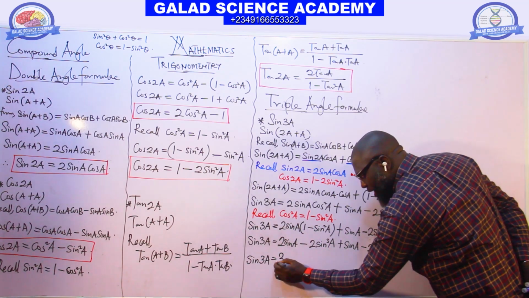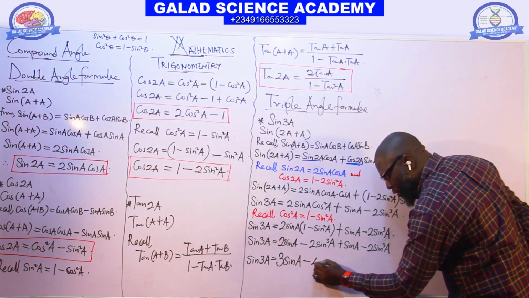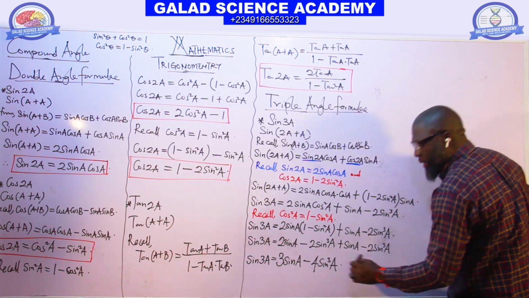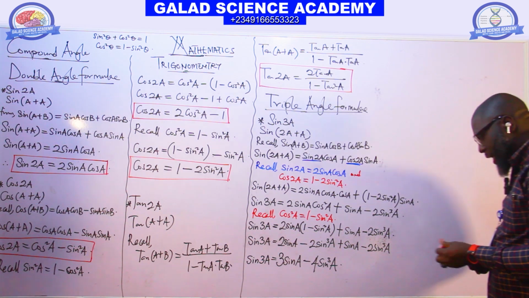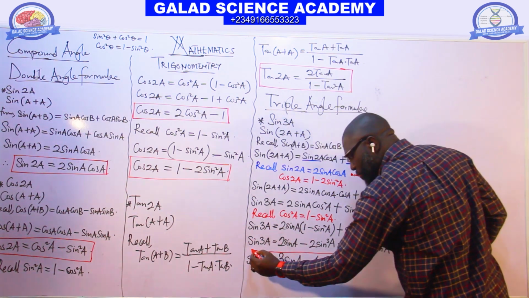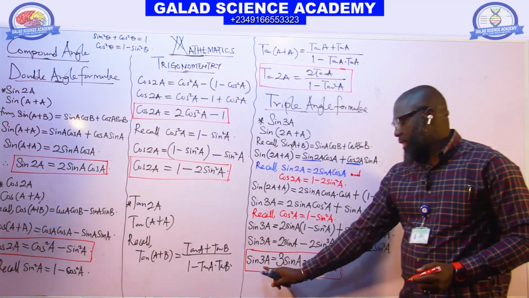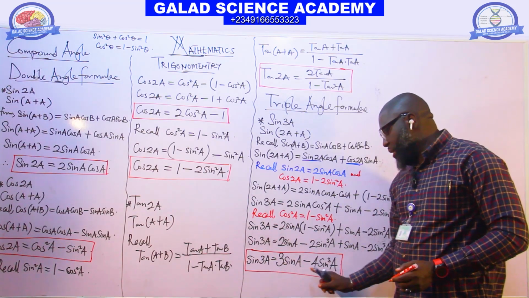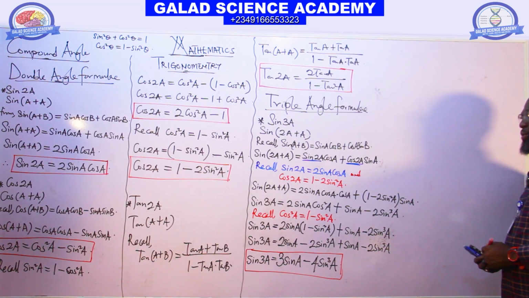We have 3 sine A minus 4 sine cube A. So this is the identity formula for sine 3A. It gives us 3 sine A minus 4 sine cube A.